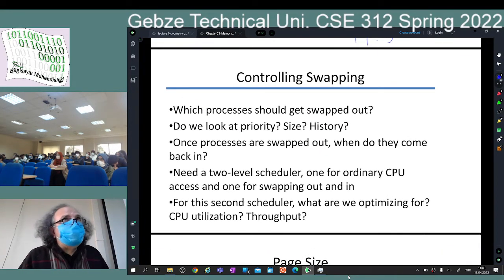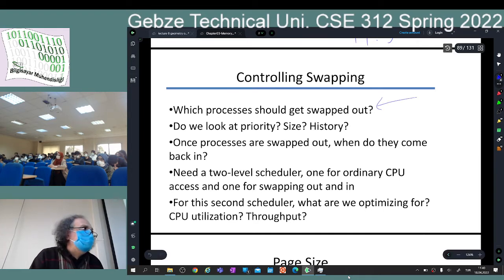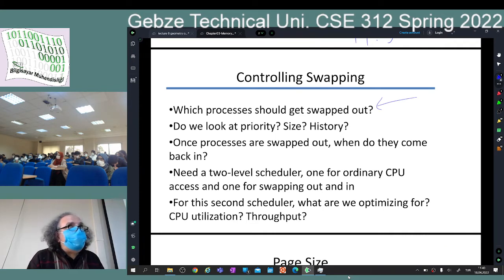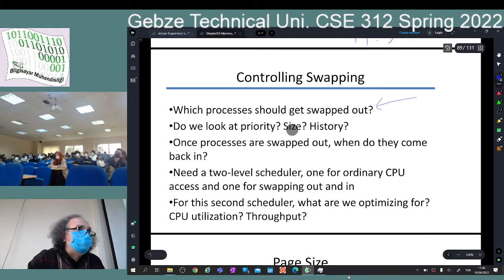If I am going to swap a program to the disk, which process should be swapped out? It's not a good idea to swap out all the blocked processes. That would be too slow. Choose a few of them, okay? But how do I make that decision? Operating systems make that decision by looking at the size of the program. If the program is very small, then there is not much point in swapping that small program out because I am not going to gain much, okay?